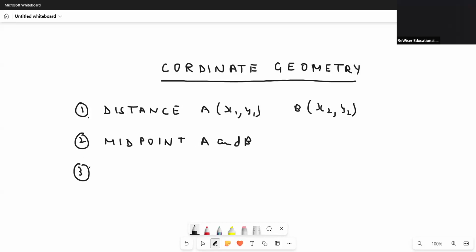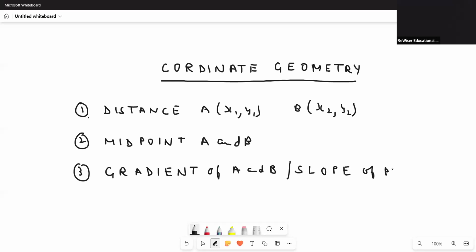The third thing, which is very, very important, we'll be discussing is the gradient of A and B, or even known as slope of the points A and B.